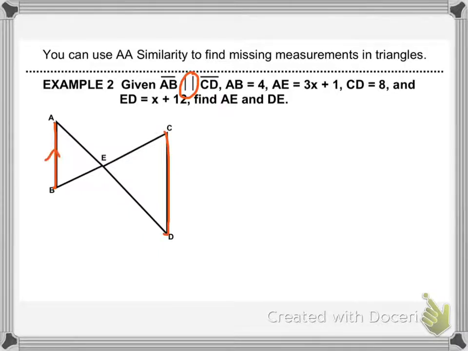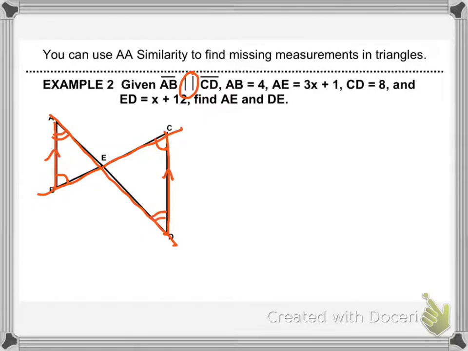So this is a lot like the last example we did. When we have those parallel sides, we've got some congruent angles. I know that angle B and angle C are alternate interior angles if this is my transversal. So there's one pair. I've got another pair of alternate interior angles with this transversal. That's angle A and angle D.